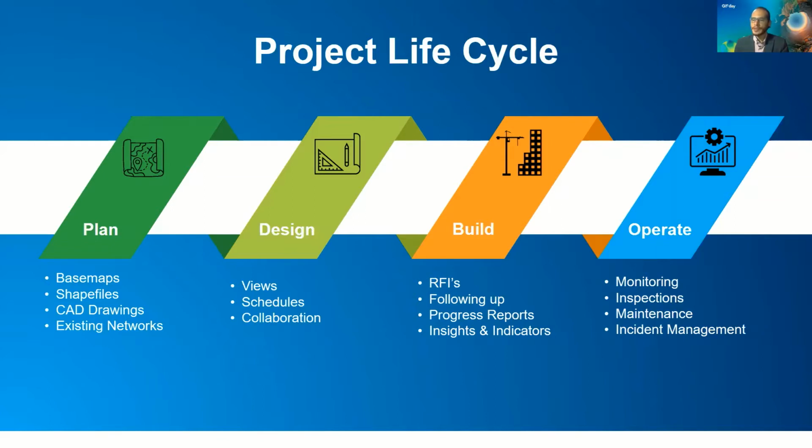So we need maps, maybe some GIS data like shapefiles, maybe CAD drawings or models, or maybe even paperwork for the existing networks. So in the planning phase, GIS can provide value for the planning engineer, which by default will lead to a better design.